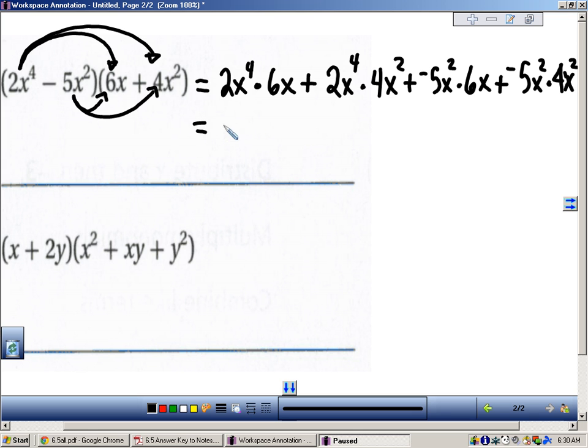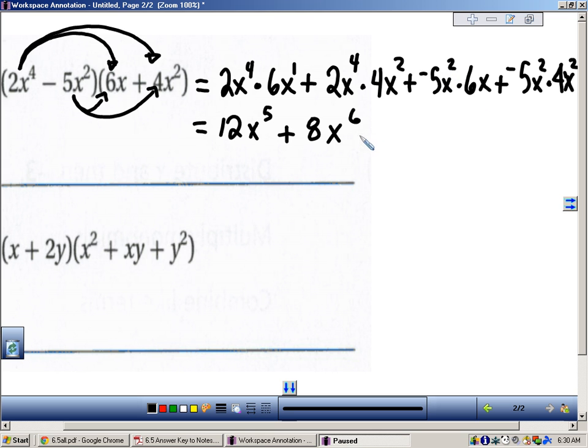2 times 6 is 12, x to the 5th. You're adding the powers, adding the exponents. 2 times 4 is 8. 4 plus 2 is 6, x to the 6th power, plus negative 5x squared times 6x.